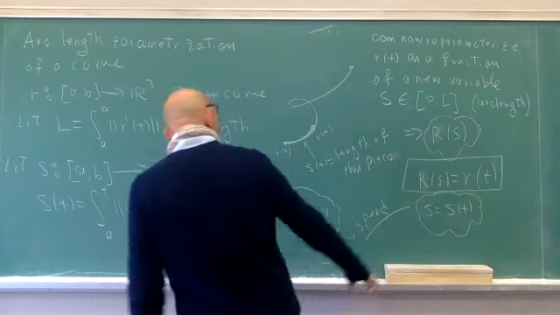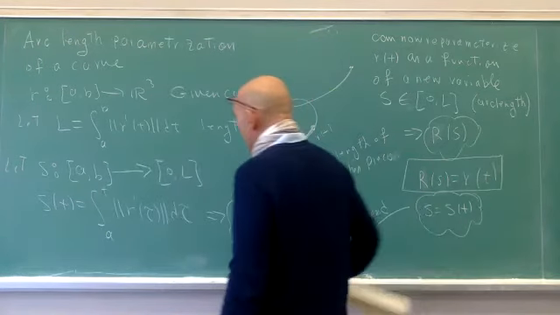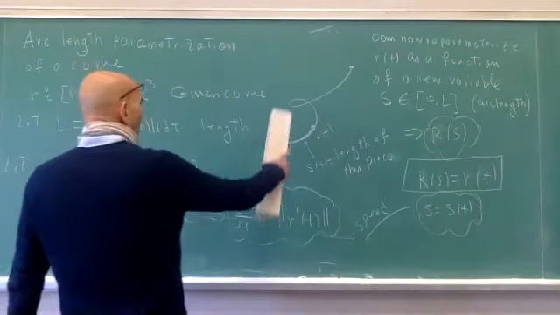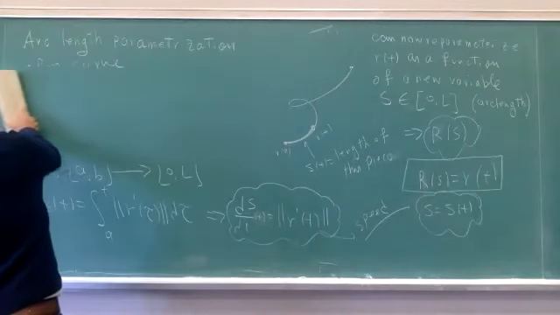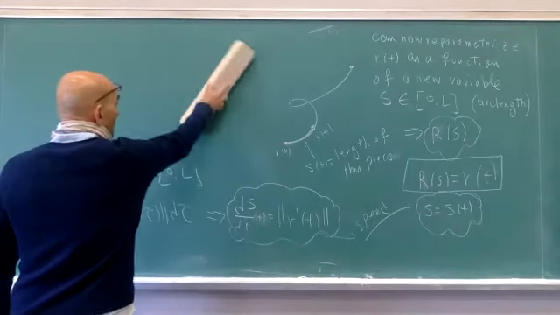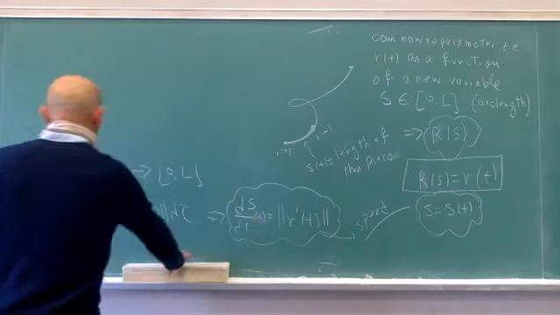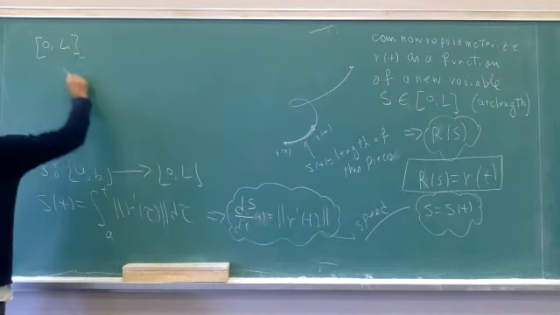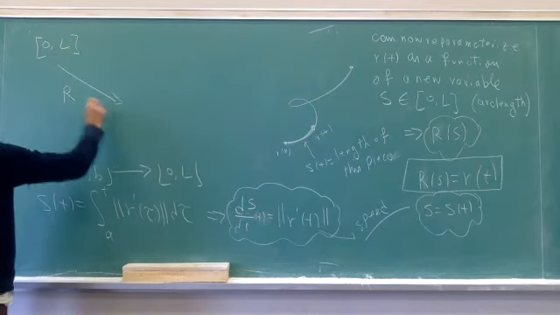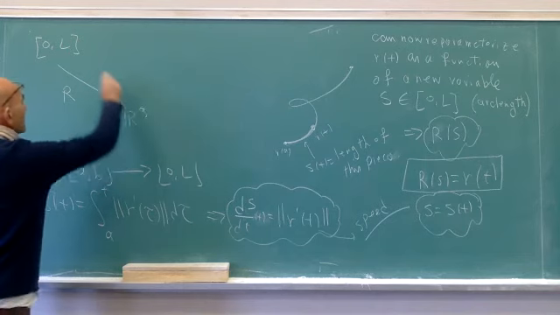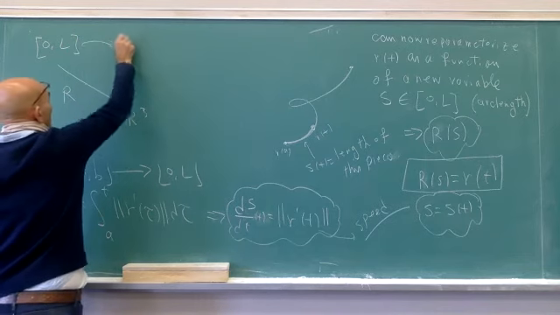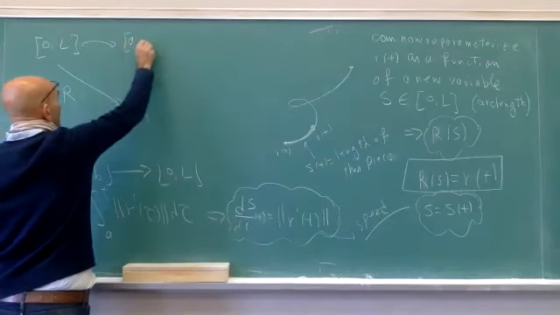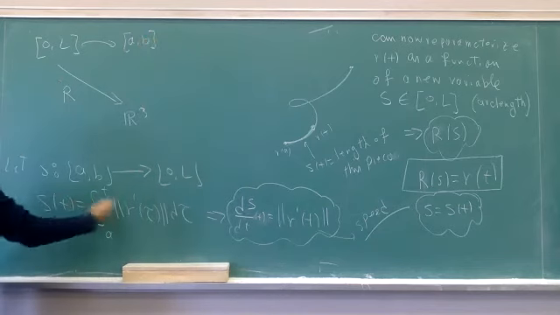So what does this mean geometrically? It means that I am really just parameterizing the curve in terms of arc length. So this is the function R going to R3. Here we go to this interval AB by this inverse function.